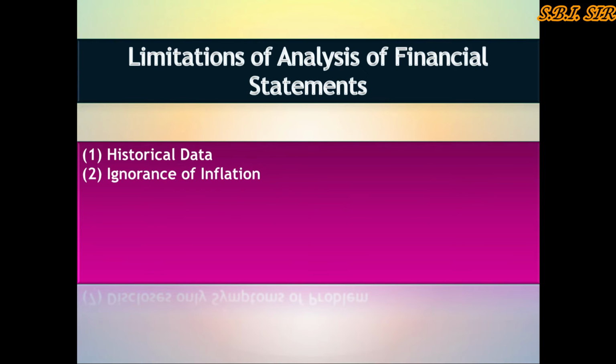Second limitation is ignorance of inflation. Due to inflation, information disclosed in financial statement does not represent the real status. Specifically, at the time of the valuation of assets, the impact of inflation is ignored in financial statements. Assets are disclosed at their old value and replacement cost, which is higher, is not considered.